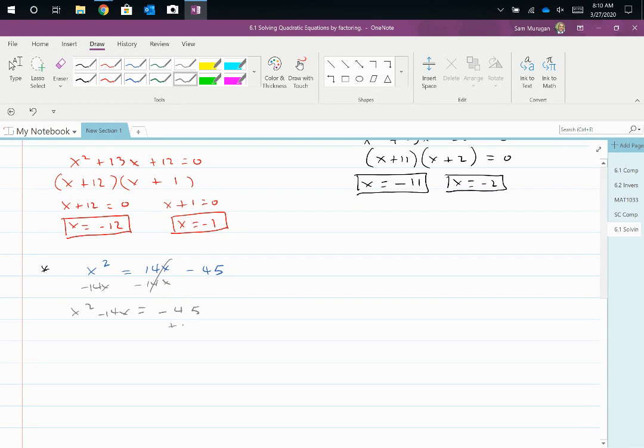Then add 45 to both sides to give x squared minus 14x plus 45 equals 0. Then use your factoring skills to find two numbers that multiply to give positive 45, add to give negative 14, so negative 9, negative 5. x is equal to 9, x is equal to 5.